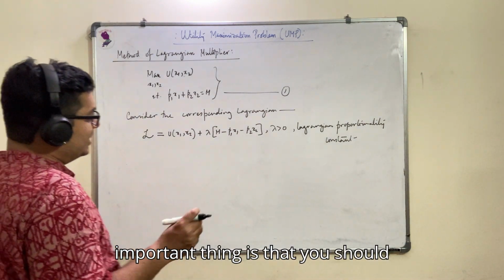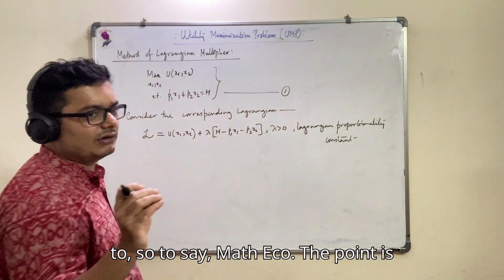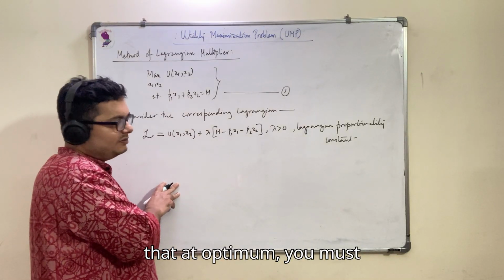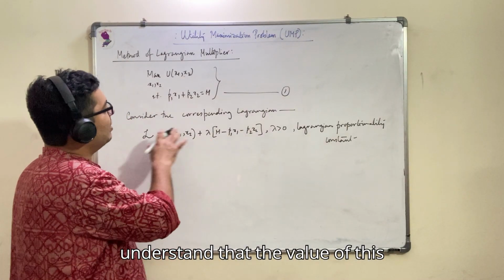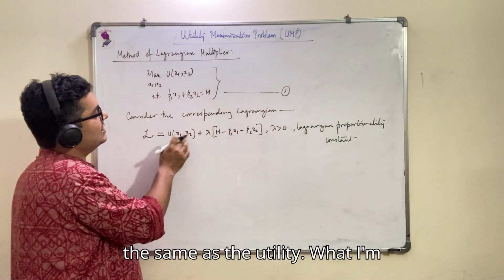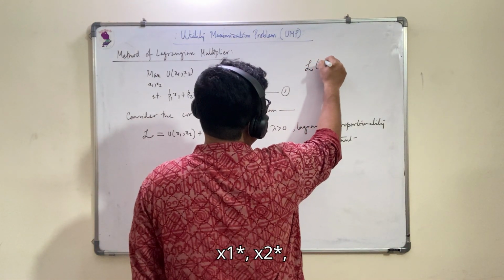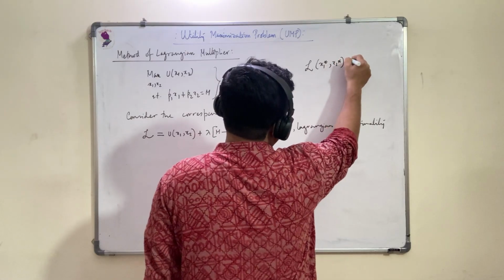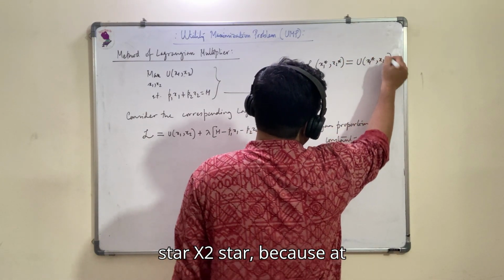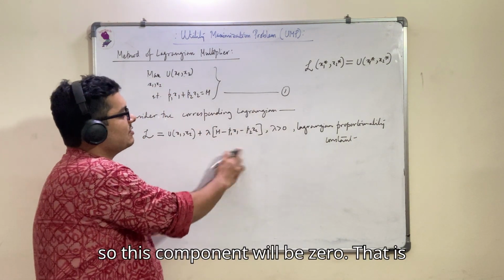One important thing you should notice is that at optimum the value of this Lagrangian is the same as the utility. What I am trying to say is that script L of x1 star x2 star is equal to u of x1 star x2 star, because at optimum this budget will be exhausted, so this component will be 0.